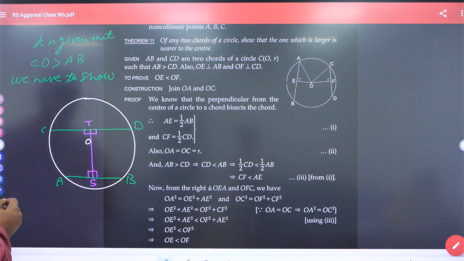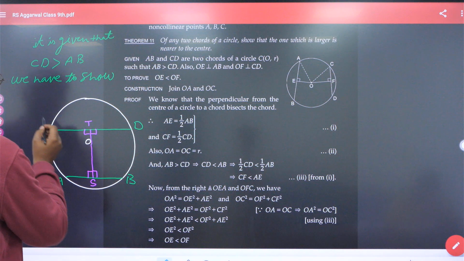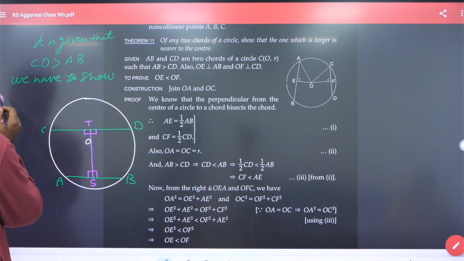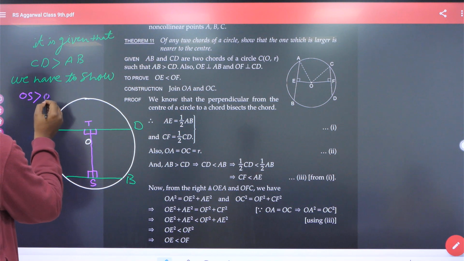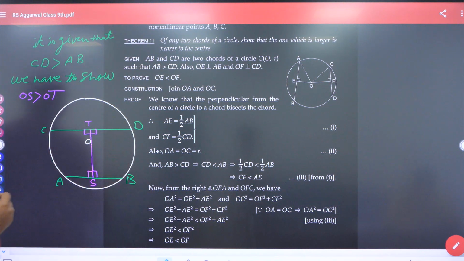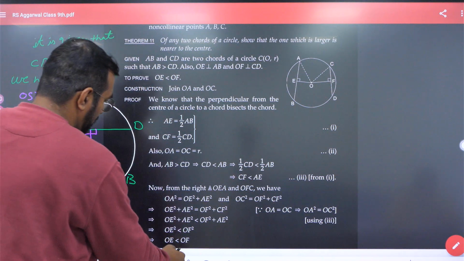Now what do we have to show? We have to show that OS is greater than OT.